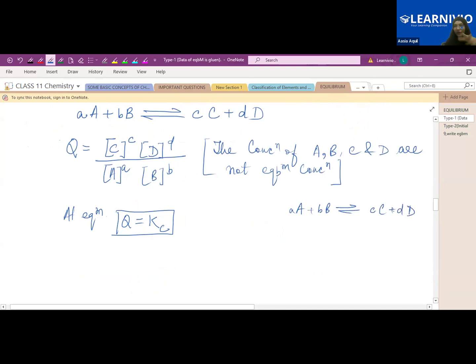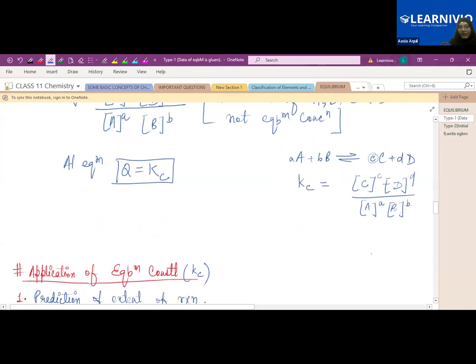So how can we write the equilibrium expression? Kc will be equal to the product concentrations, [C] raised to the power c, the stoichiometric coefficient, multiplied by [D] raised to the power d, upon the reactants, the concentration of A raised to the power a, concentration of B raised to the power b, right? So similarly, we can write down the expression for the reaction quotient, right?